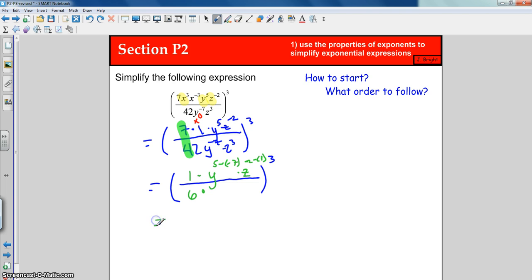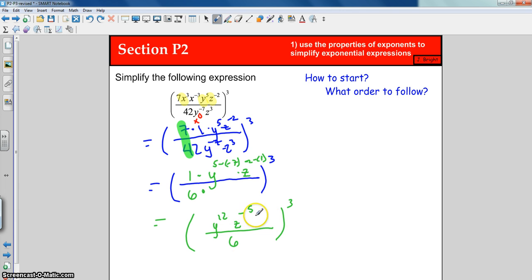Alright, so then when I simplify this, I still have the cube out here, I have 6 in the denominator, 1 I can drop. I'll have a y to the 12th, okay, z to the, this is -2 minus 3, so that's z to the -5.